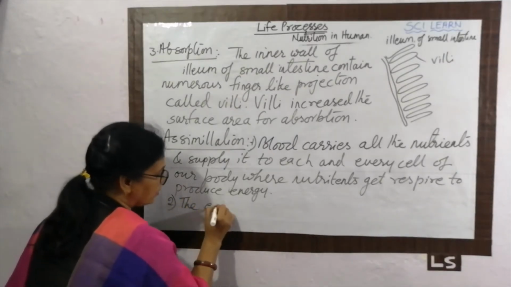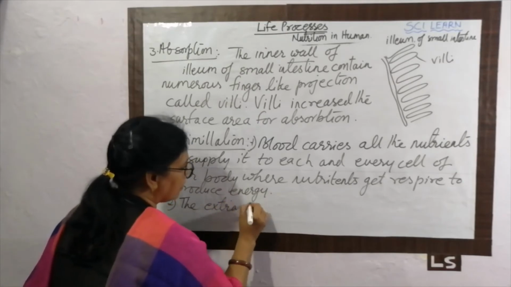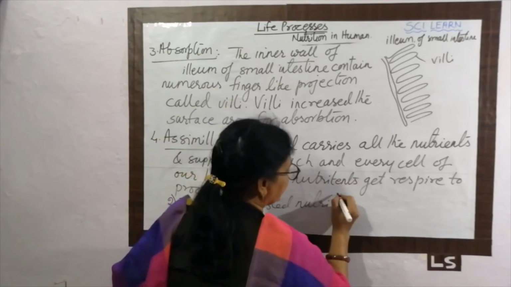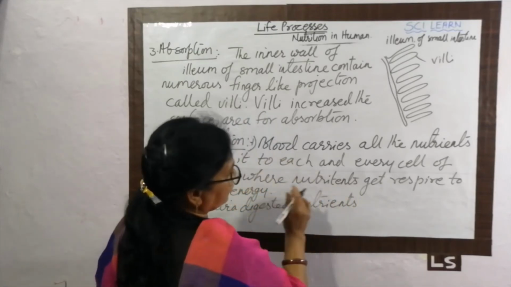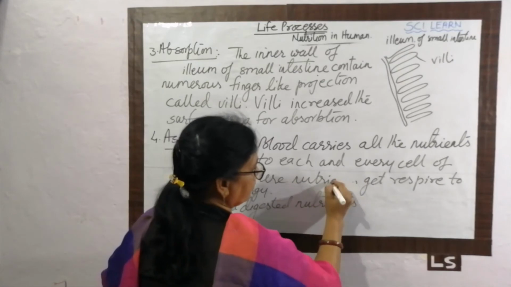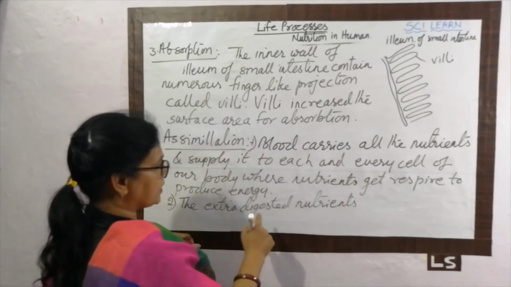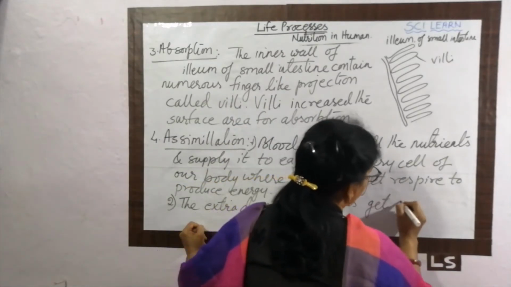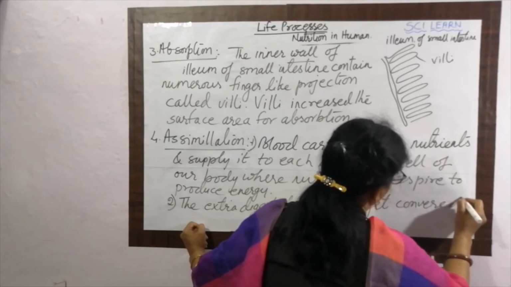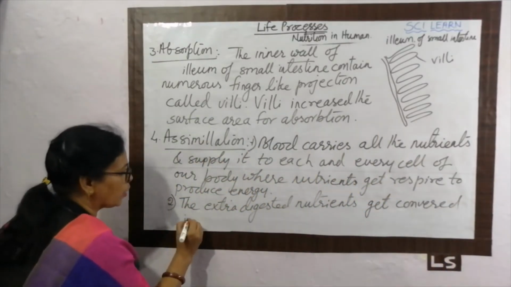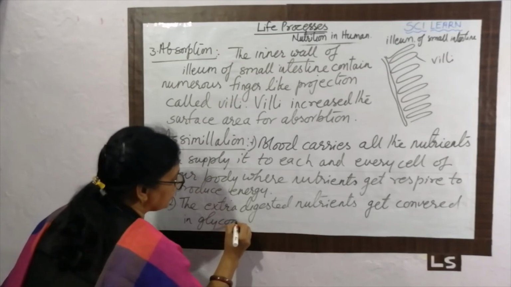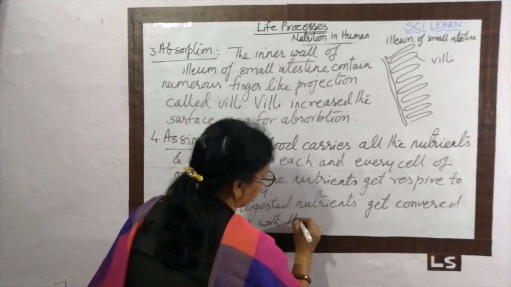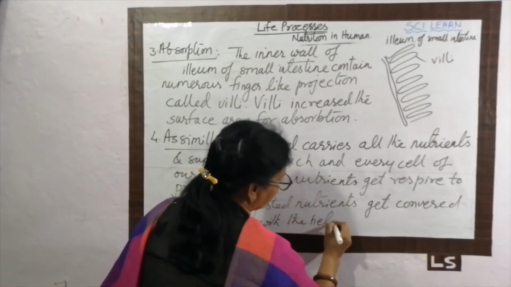The extra digested nutrients get converted into glycogen with the help of the liver.